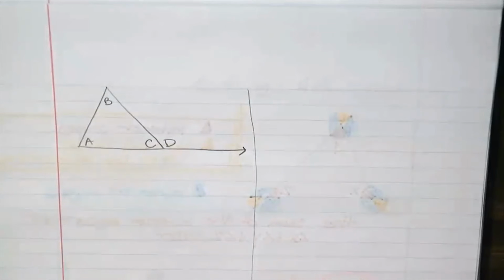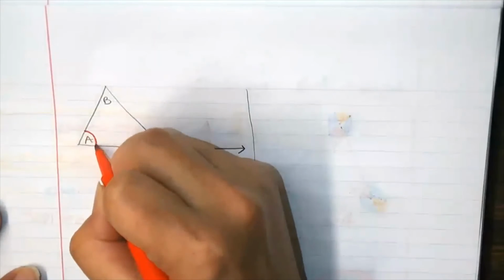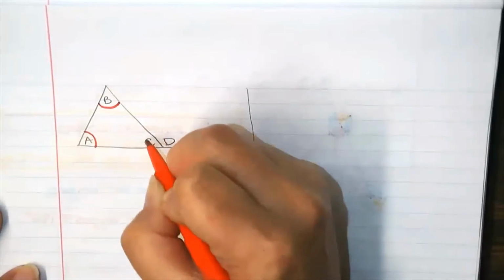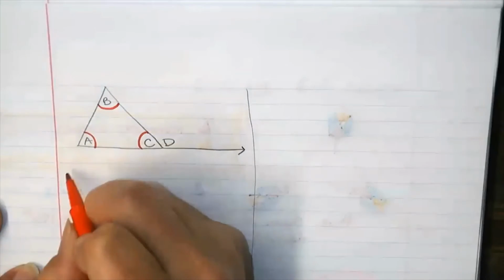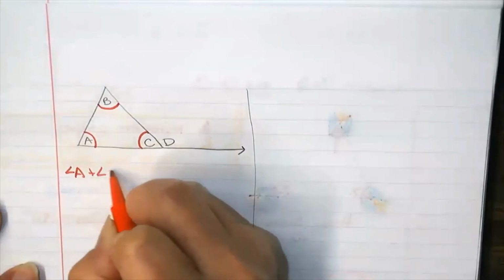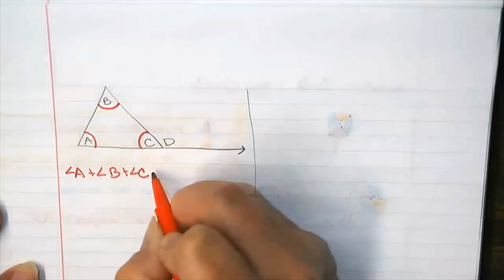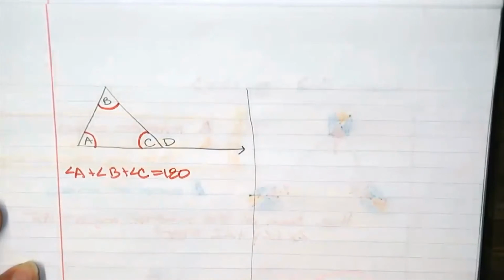So we already know that the interior angles of a triangle, angle A plus angle B plus angle C, equal 180 degrees.